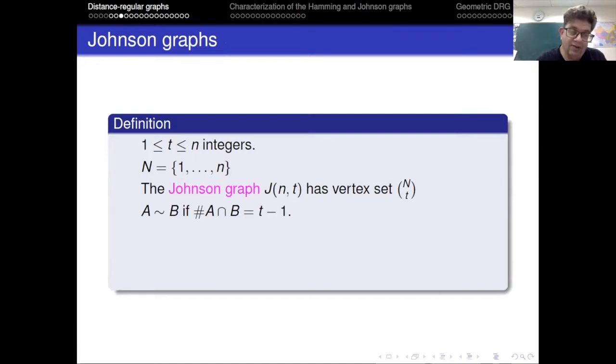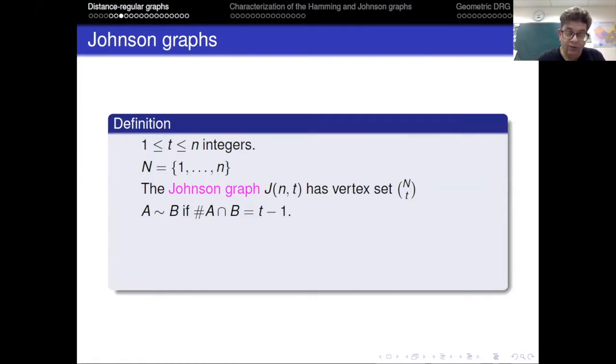You take two integers n and t, with t at least 1 and at most n. Then the Johnson graph J(n,t) has as vertices the t-subsets of an n-set. I denote it by this symbol.